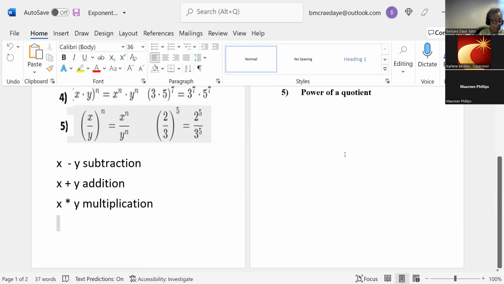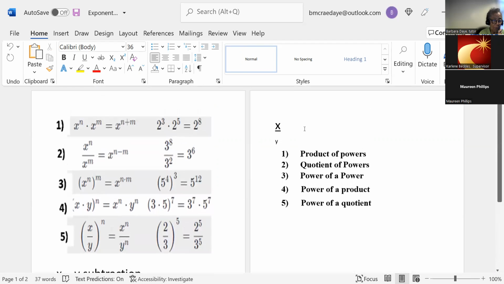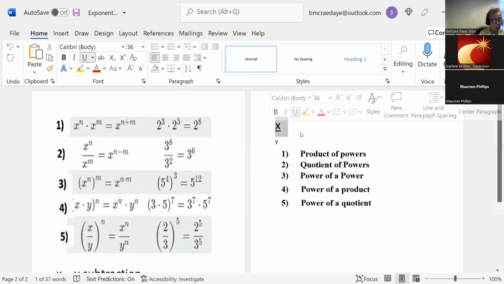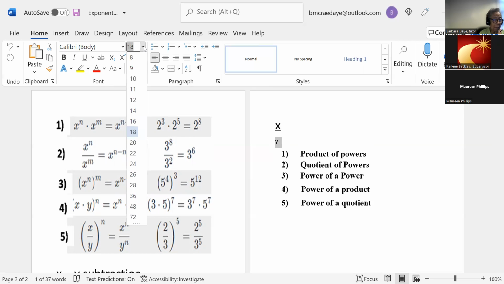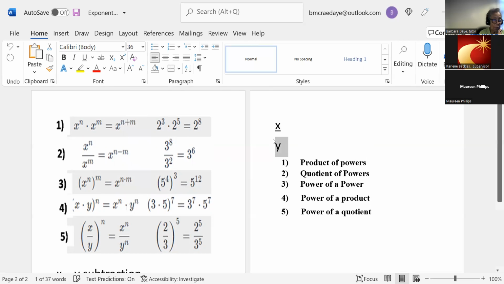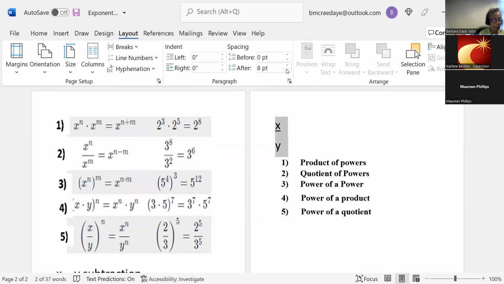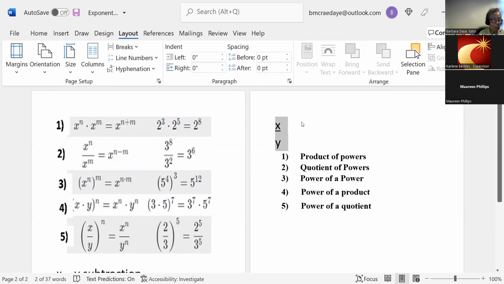So X divided by Y. Let's put the Y here. Let's make the Y the same size so it's in proportion. Okay, so X divided by Y, which one is that, Maureen? Division, right? That's division.